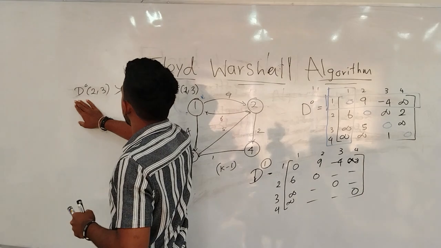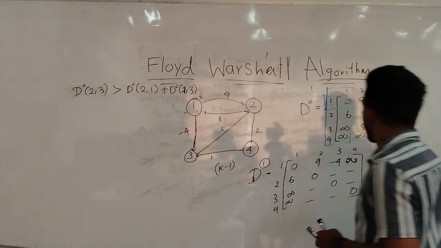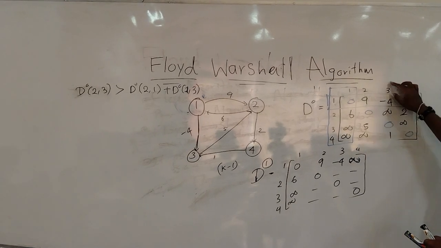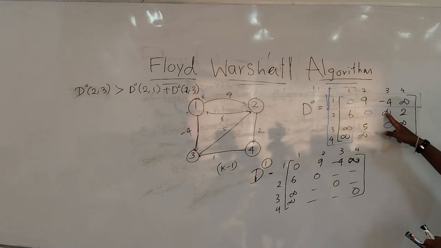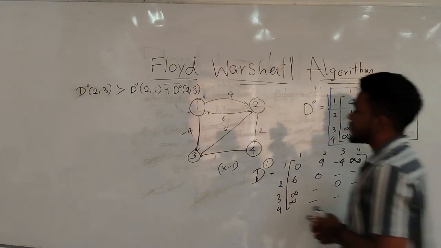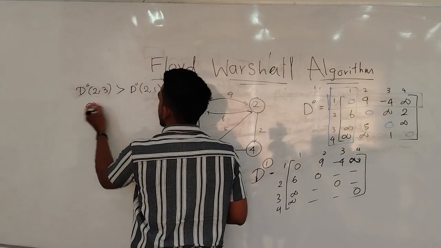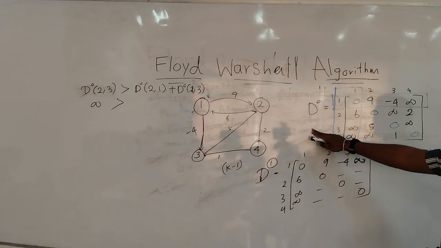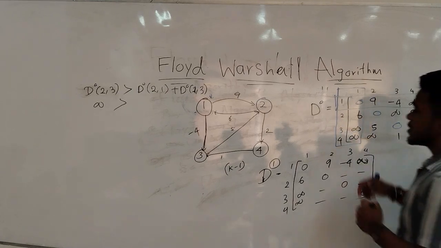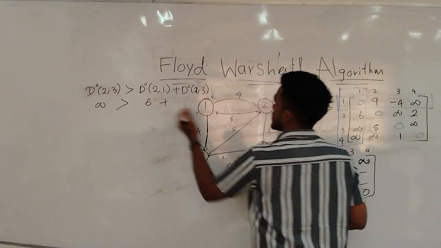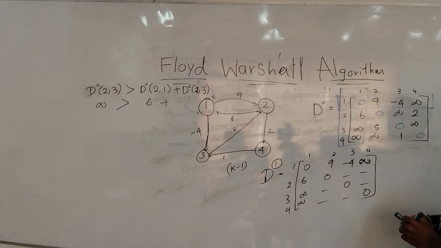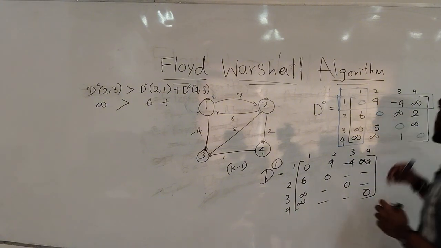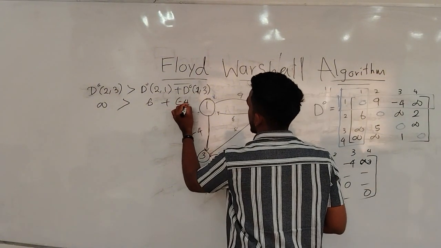D naught 2 to 3 is infinity, greater than D naught 2 to 1, which is 6, plus D naught 1 to 3, which is minus 4.